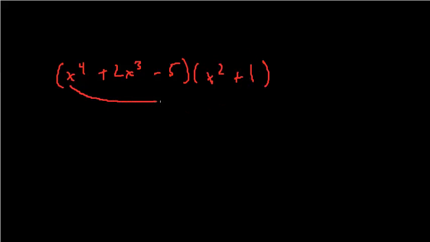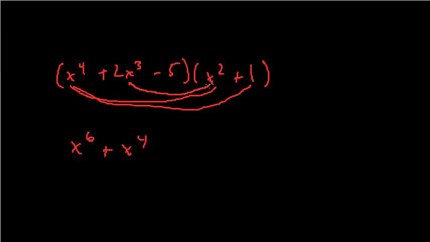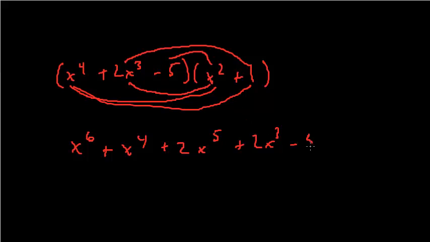So we take x to the fourth times x squared, which gives me x to the sixth, x to the fourth times 1, so plus x to the fourth, then 2x cubed times x squared, which gives me plus 2x to the fifth, because I'm adding those powers, and 2x cubed times 1, plus 2x cubed. Then my negative 5 times x squared, minus 5x squared, and minus 5 times 1, negative 5.